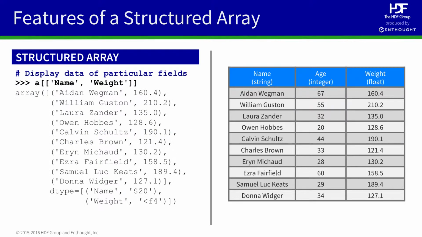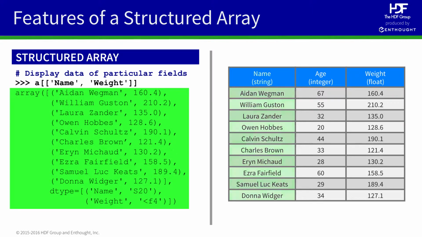Since we know the field names, we can request that Numpy return to us just the data corresponding to particular fields. For example, we can slice into our array using a list with the entries name and weight, and Numpy will produce a new array containing just the name and weight fields from the original array.